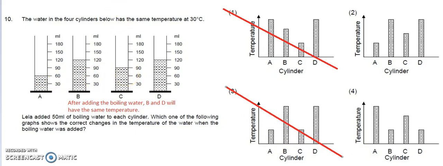Now, let's make another note here. If you look at A, it has the smallest volume. So lowest volume, what will happen to the lowest volume?